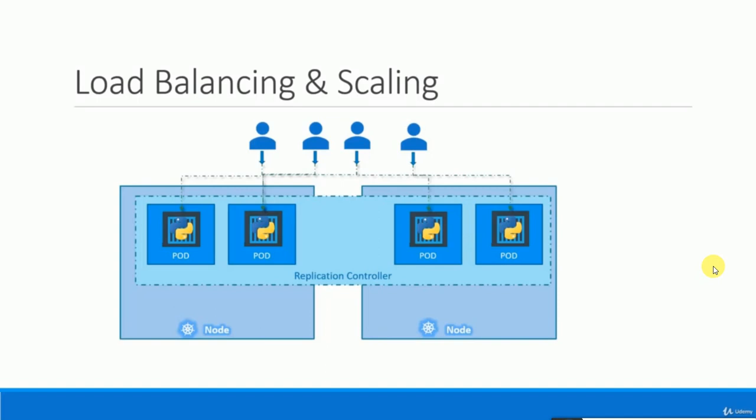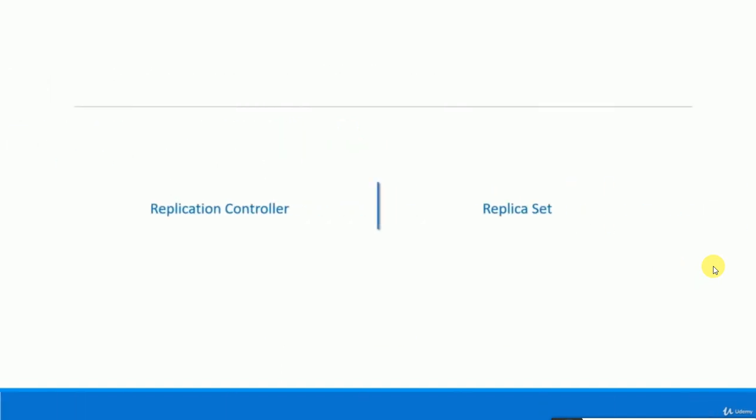It's important to note that there are two similar terms, replication controller and replica set. Both have the same purpose, but they're not the same. Replication controller is the older technology that is being replaced by replica set. Replica set is the new recommended way to set up replication.